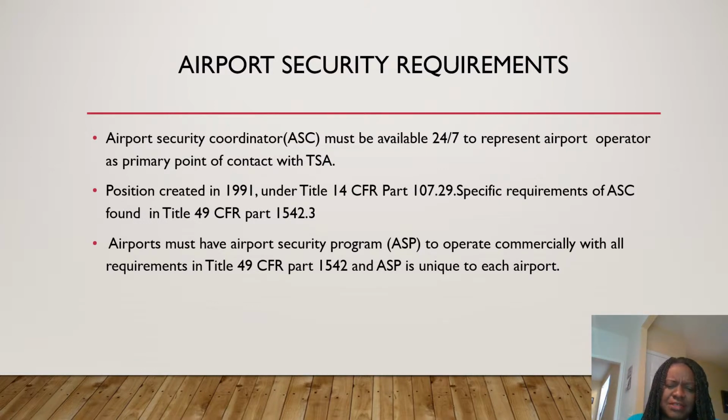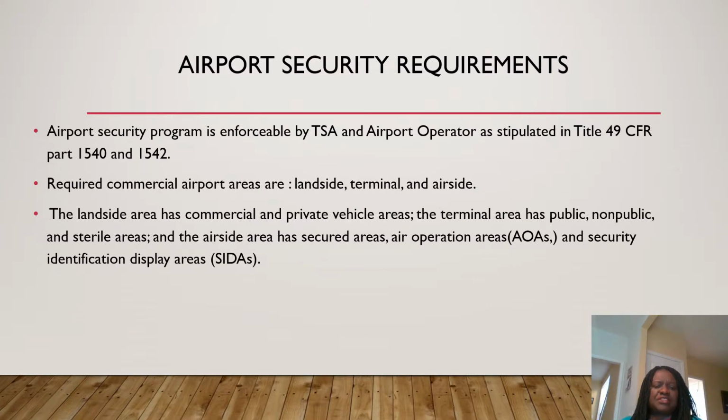And our ASP is unique to each airport. The security program is tailored according to the needs of a particular airport. The airport security program is enforceable by TSA on an airport operator, and this power is given through Title 49 CFR Part 1540 and 1542.